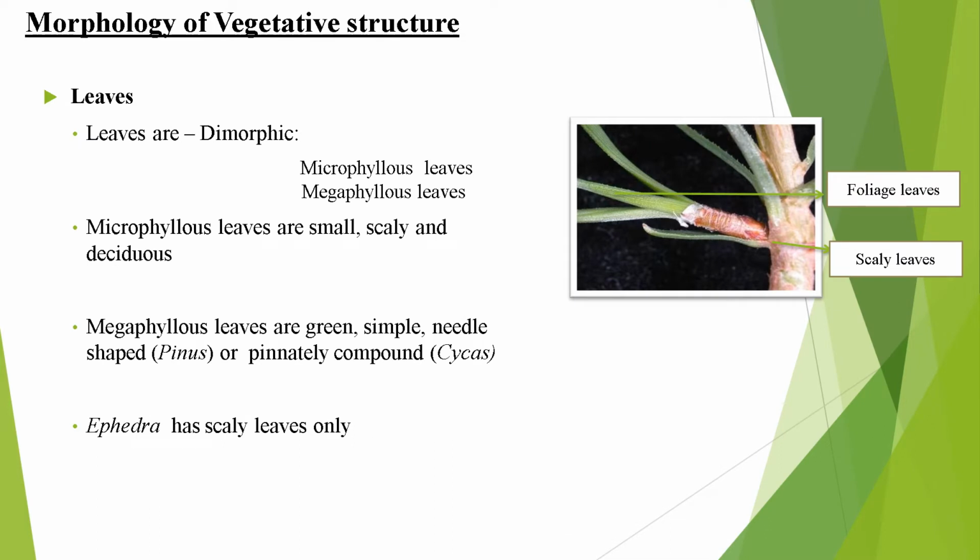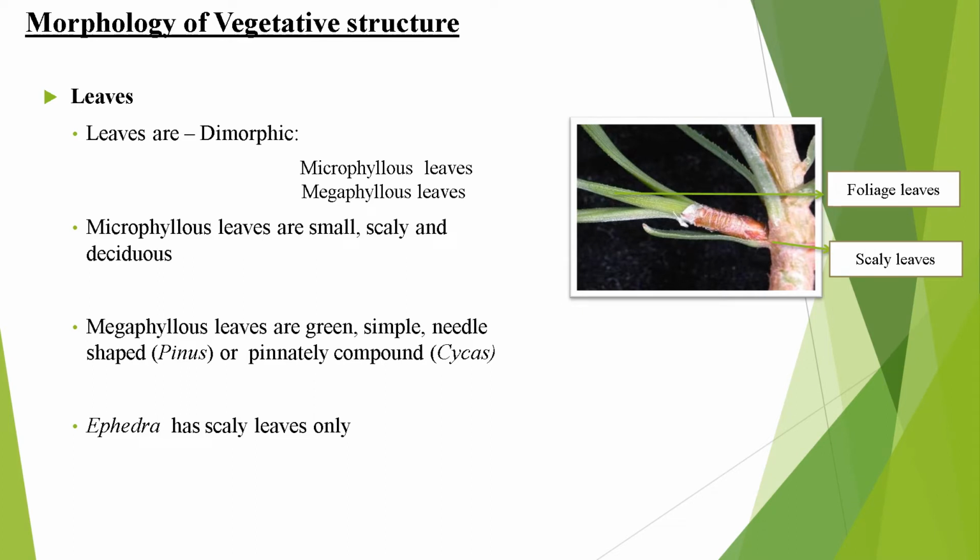Gymnosperms have dimorphic leaves. That means there are two types of leaves found in them. First one are microphyllous leaves, which are small, scaly, deciduous. The other one are megaphyllous leaves.